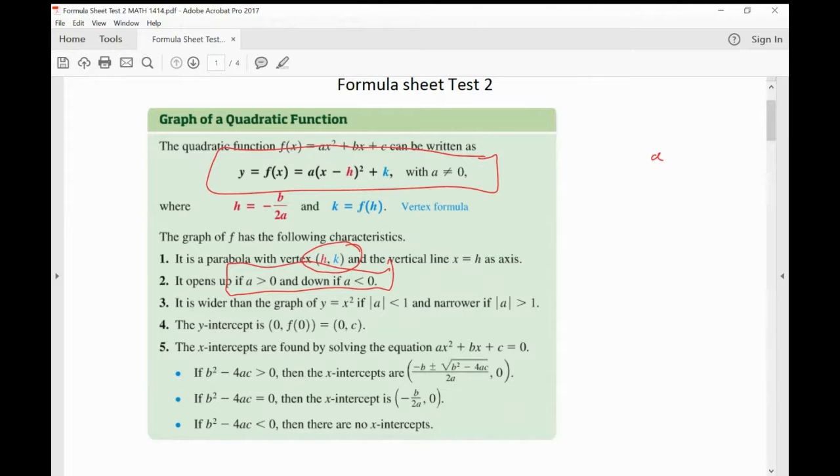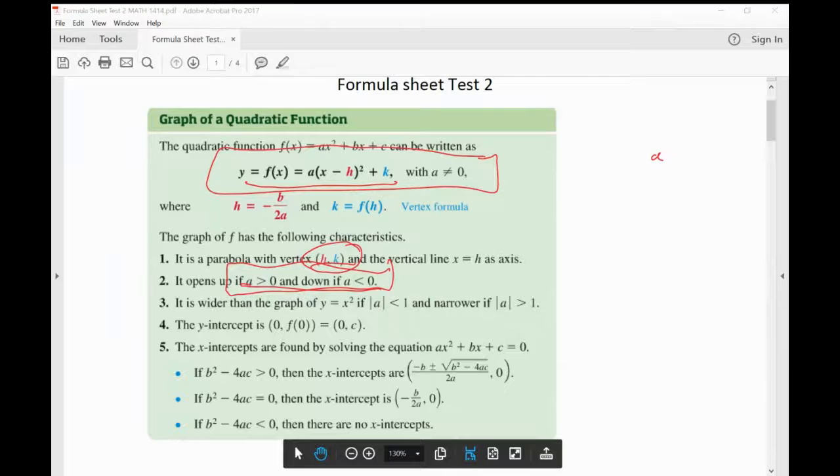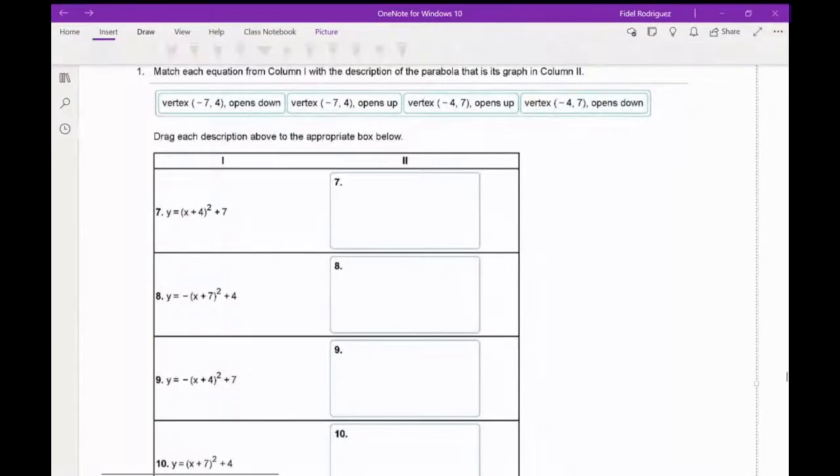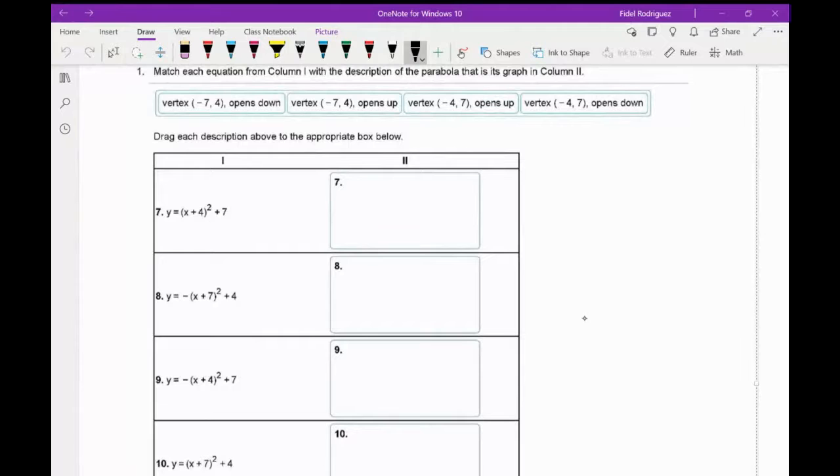So the first thing I'm going to do is copy this right here, and this right here, actually on my problem number one. Okay, so I'm going to stop sharing this, and I'm going to come back to my review guide. Okay, so the first thing I know is that when we're putting an equation in vertex form, it's going to look like this.